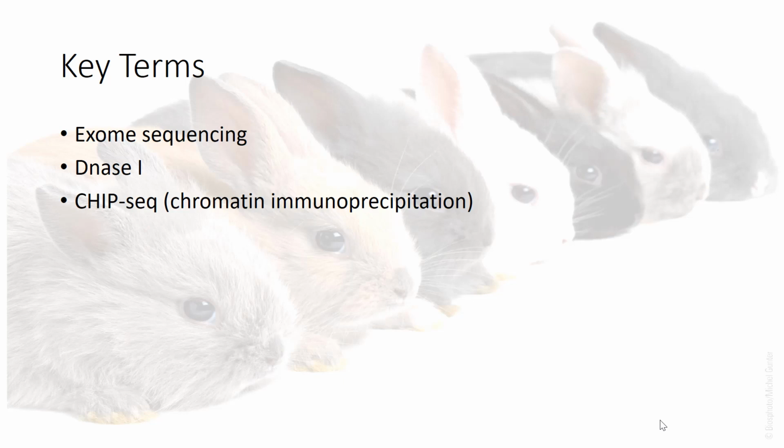This is what we do. We design an antibody for that transcription factor. We find all the places in the genome where that antibody is binding, which is an indication that that protein is binding the genome at that site, and then we sequence that site and figure out all of the genes that are going to be transcribed again as a result of the upregulation of that transcription factor.